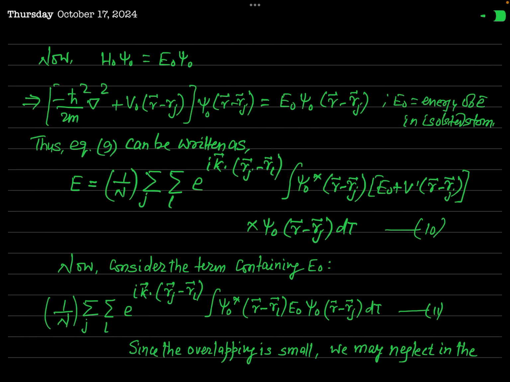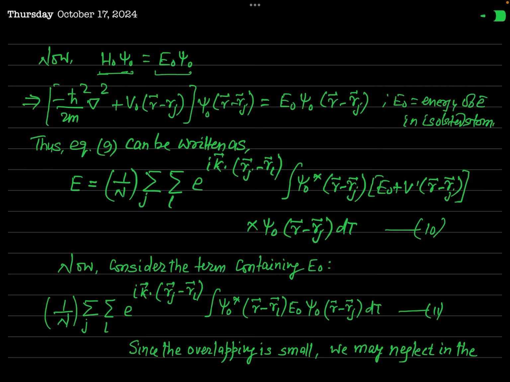Now you can see that if we talk about the atomic Schrodinger equation, when the electron is present in isolated atoms, then the Schrodinger equation will be given by H naught psi naught equal to E naught psi naught. Here H naught is the atomic Hamiltonian, mark it.